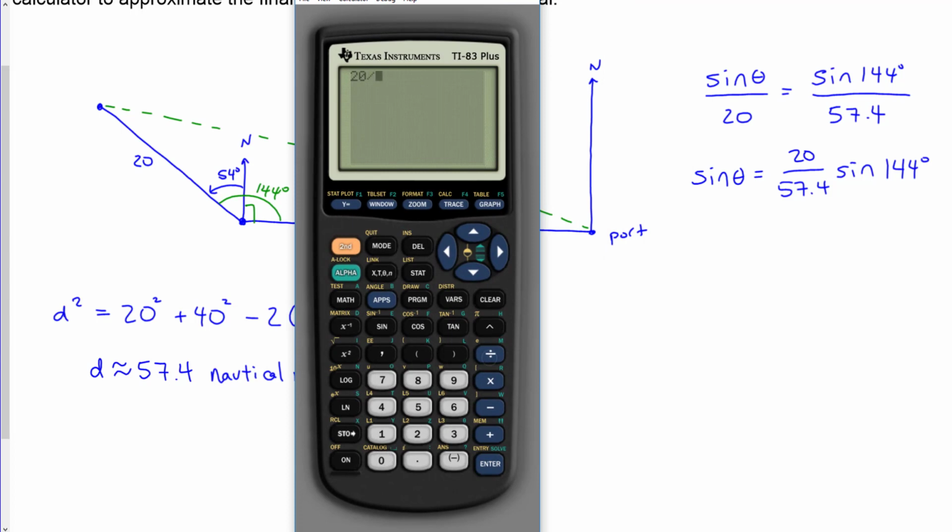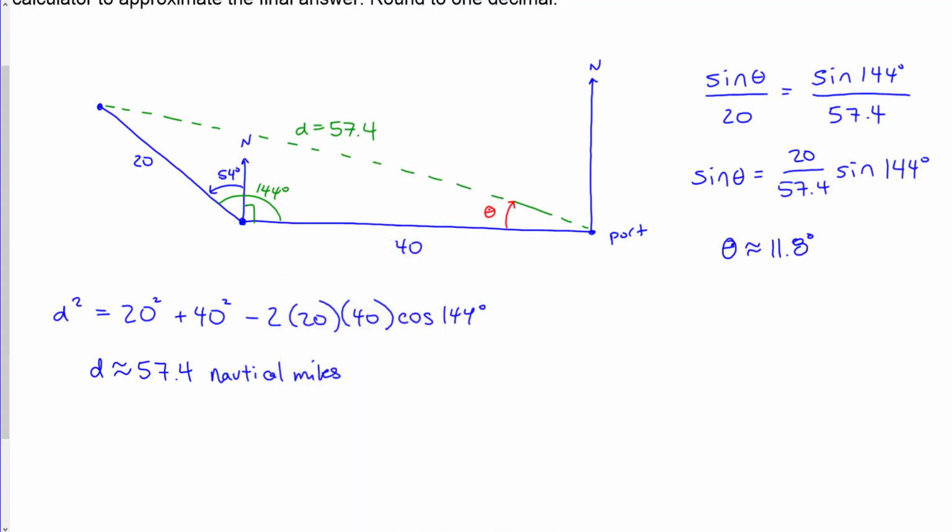So 20 divided by 57.4 times the sine of 144. And I take the arc sine of that. So that's 11.8 degrees. So theta is approximately 11.8 degrees. So this is 11.8 degrees.